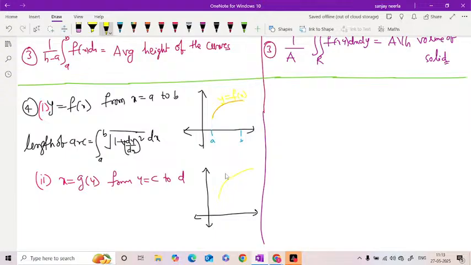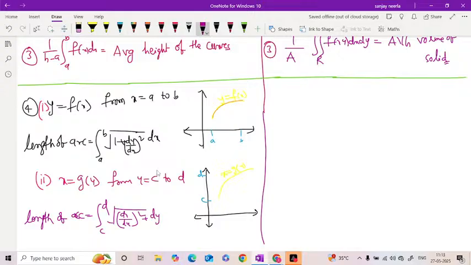Then the length of the arc is the integral from c to d of the square root of 1 plus (dx by dy) whole square, dy. Now this is about finding the arc length.